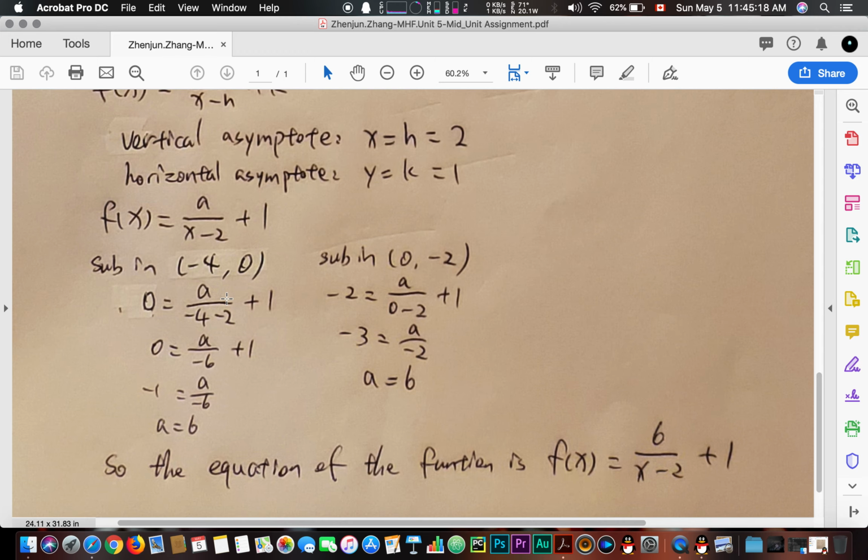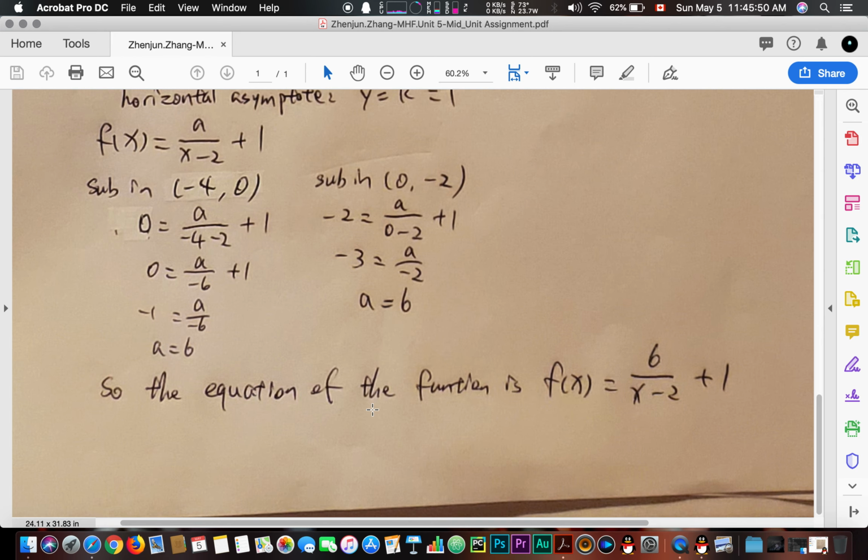Then you do the y-intercept part, which is -2 equals a over 0 minus 2 plus 1. Then you have here -3 equals a over -2. Then it's the same thing. -3 times -2 equals a, which is 6. Negative times negative is positive. Yeah.